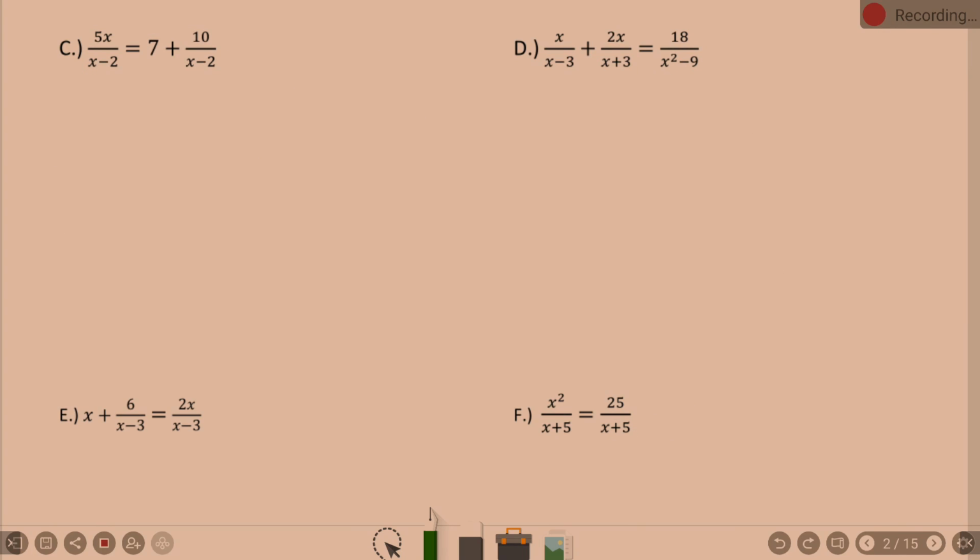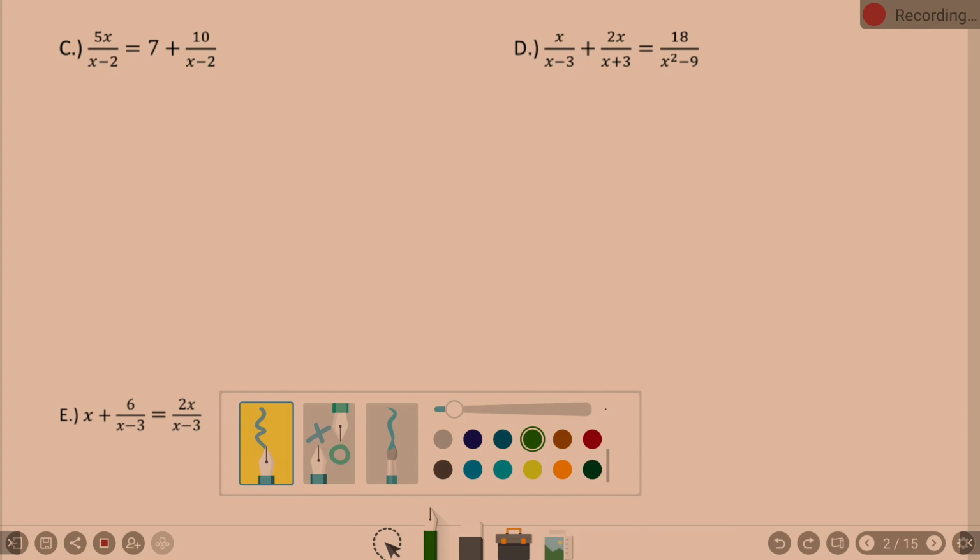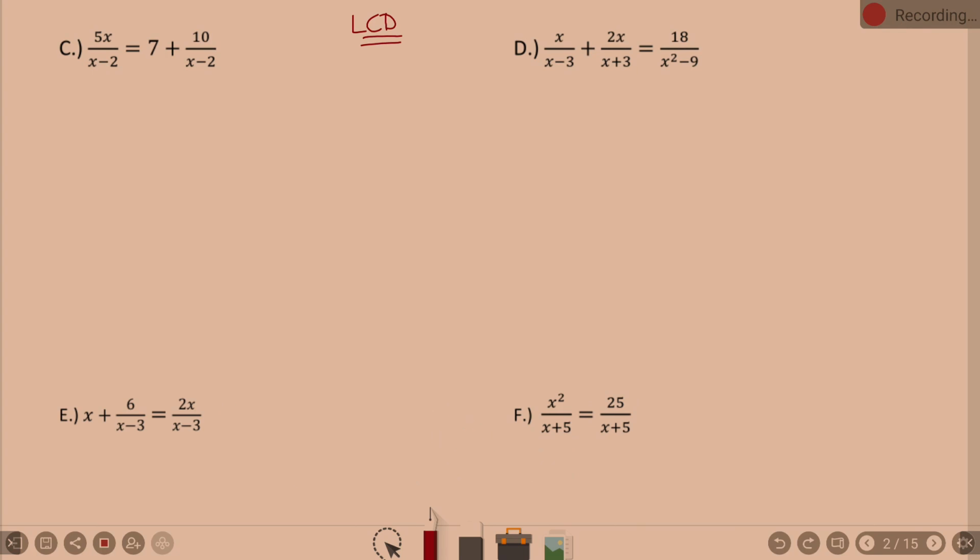Okay, first of all, take a peek at those denominators. Can anything factor? My denominators are x minus 2, x minus 2, do they factor? No. So with that in mind, what is your least common denominator? Well, there's only one denominator, right?